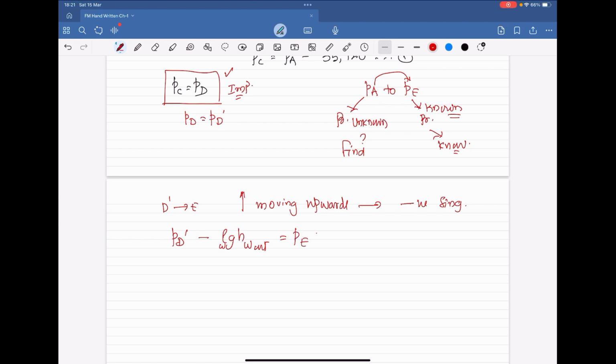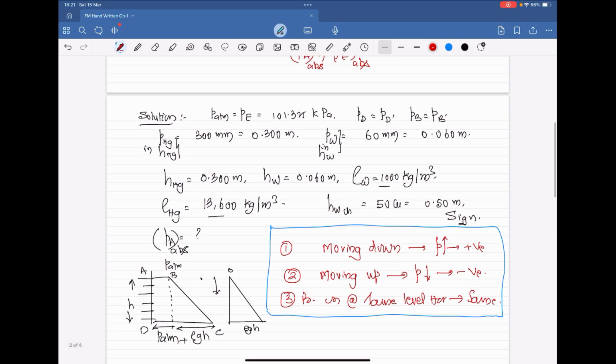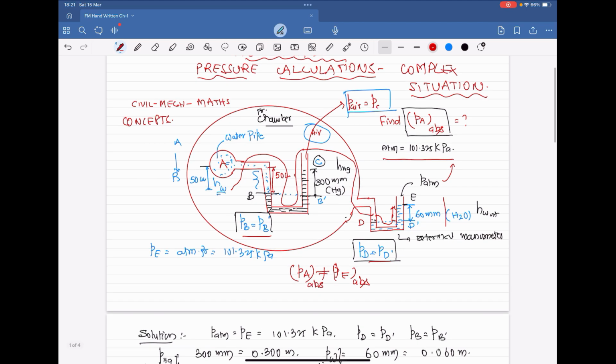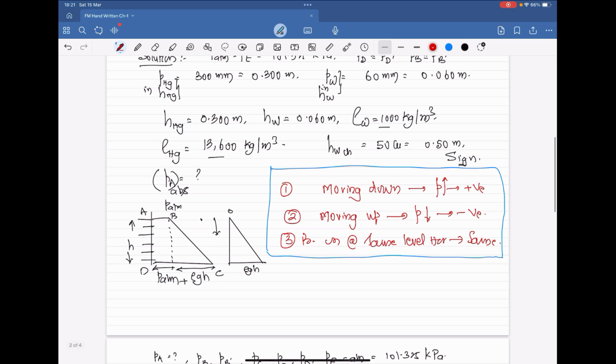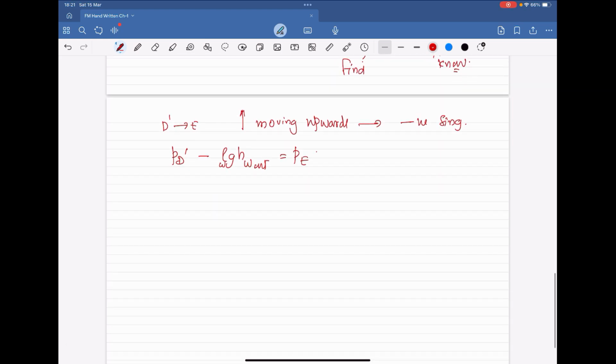P at E is equal to PD dash minus, because we are moving up. PE is PD dash minus h_w outside into rho g. You understood?